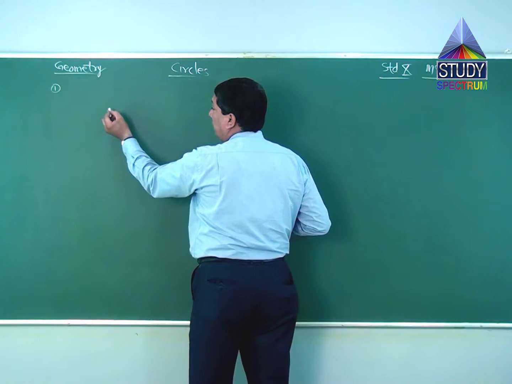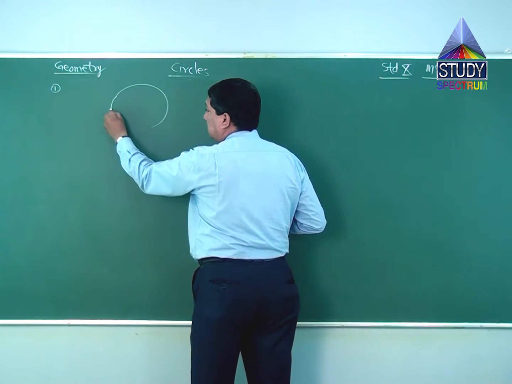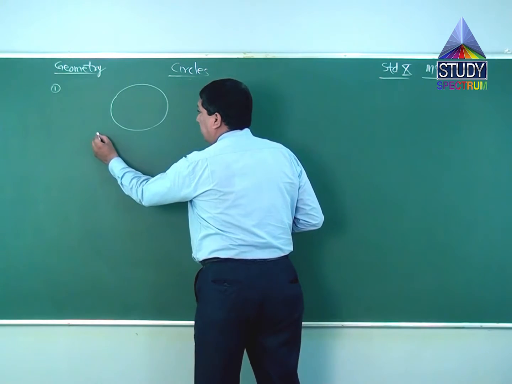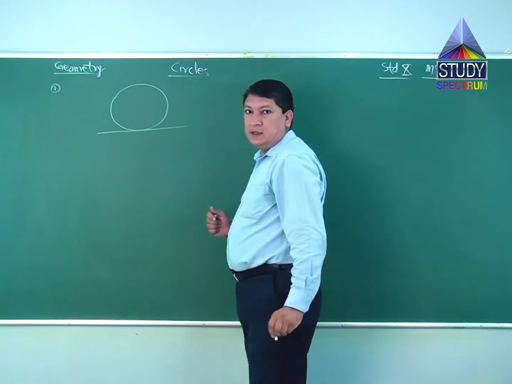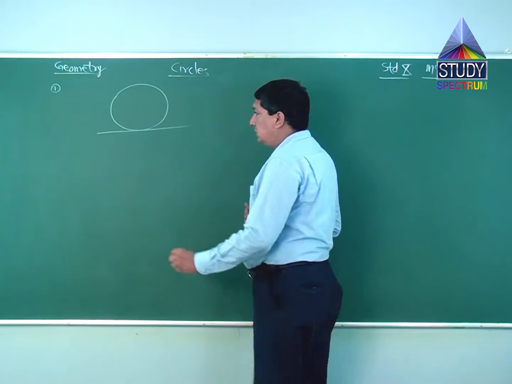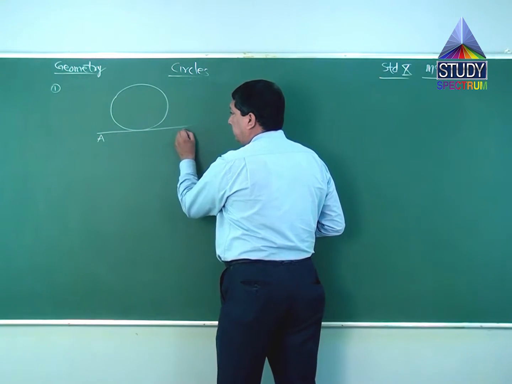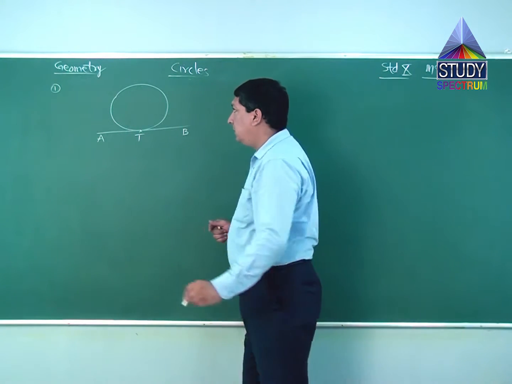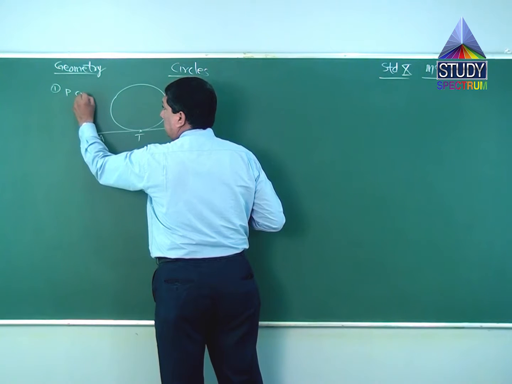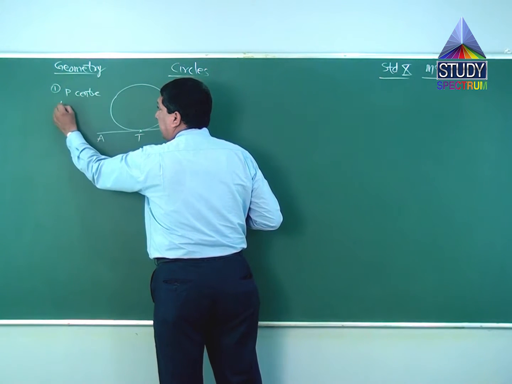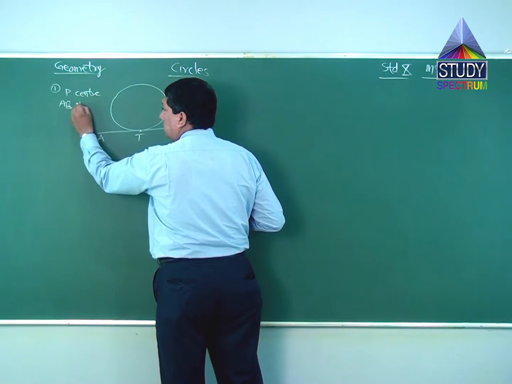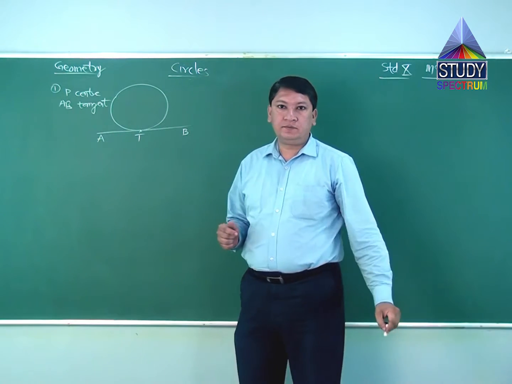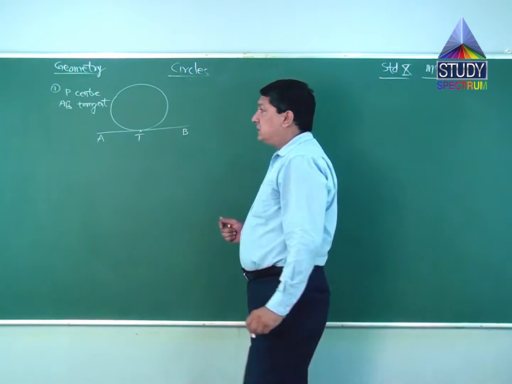Say a circle is given to us and some more conditions are given. AB is a tangent at point T. Given to us, P is the center, AB tangent, and radius is 6 centimeter.